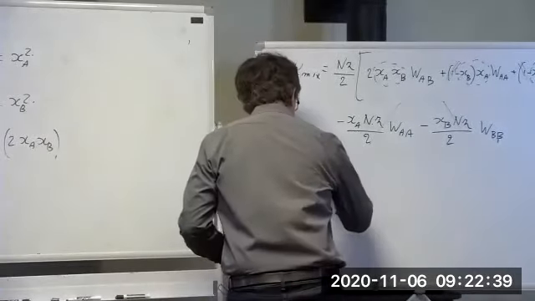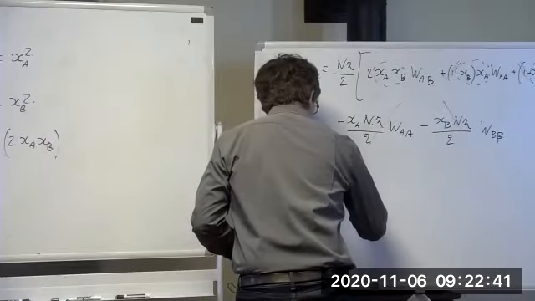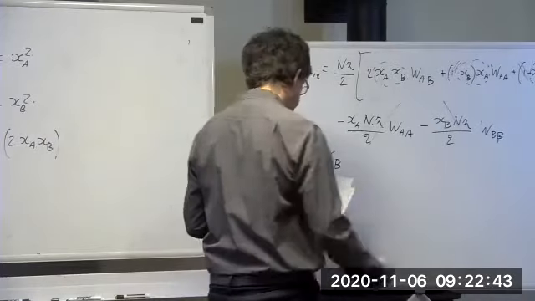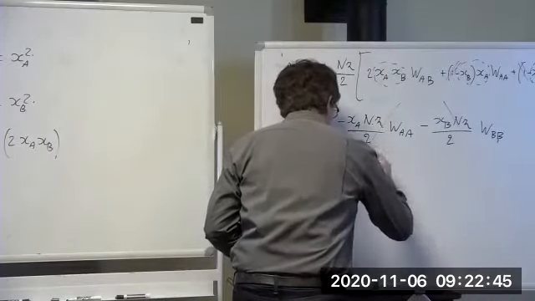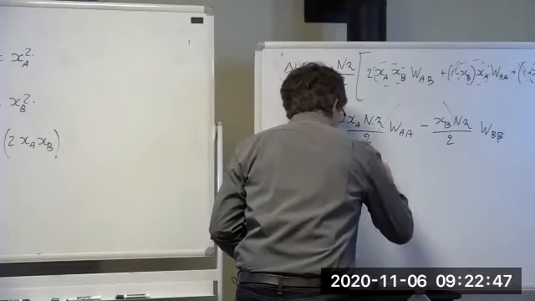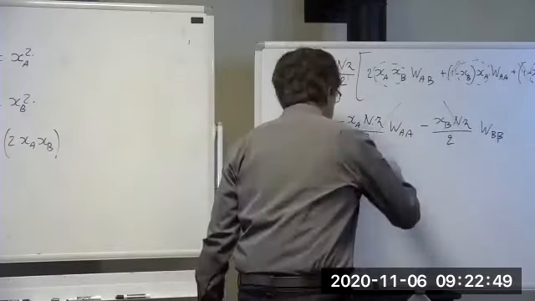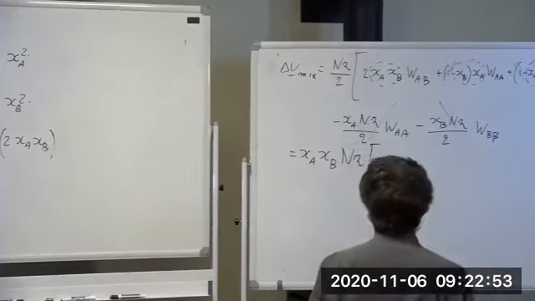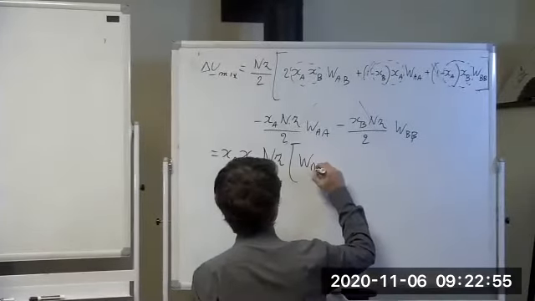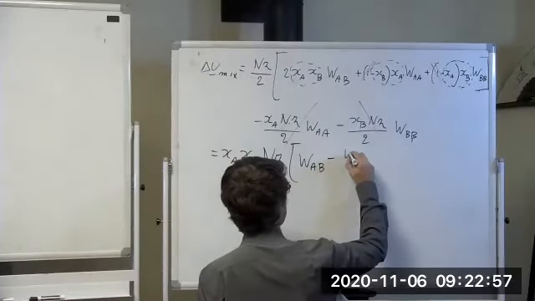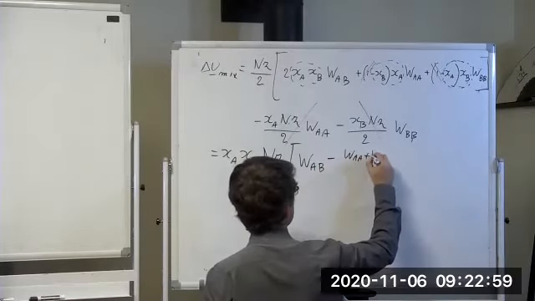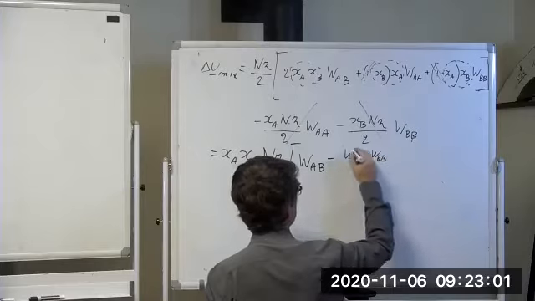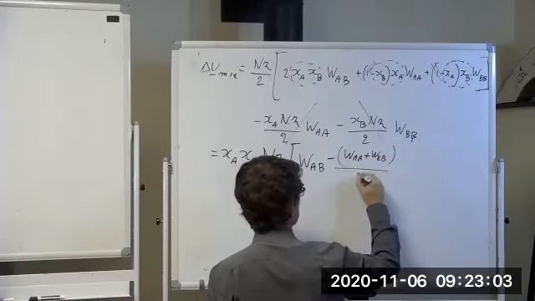So if you put it all together, this is XA, XB times N, which is the number of lattice sites, times the coordination number. And then some expression in terms of the bond energies: WAB minus WAA plus WBB divided by 2.